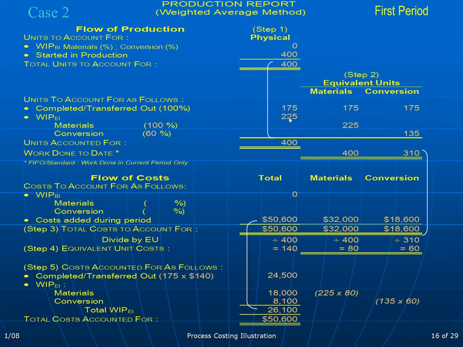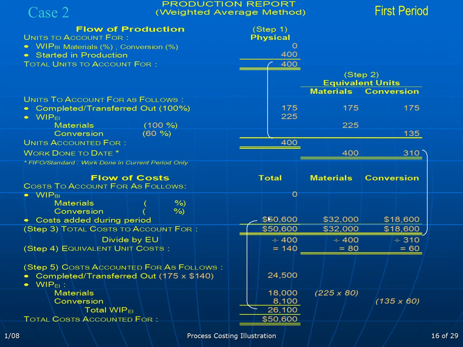So 60% of 225 units is equal to 100% of 135 units. So these 225 units in ending inventory that are 60% completed with respect to conversion costs are equivalent to 135 fully completed units. That gives us the total volume for this cost pool of 400 units and the total volume for this cost pool of 310 equivalent units.